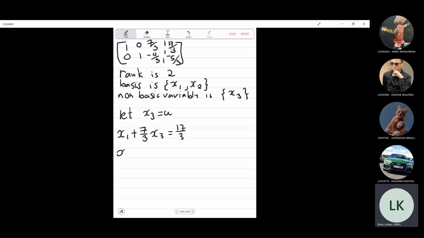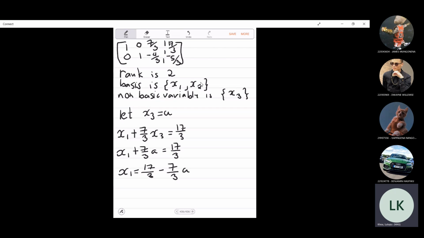So this means that x1 plus 7 over 3a is equal to 17 over 3. So this means x1 is equal to 17 over 3 minus 7 over 3a. So here I've written a basic variable in terms of a non-basic variable.